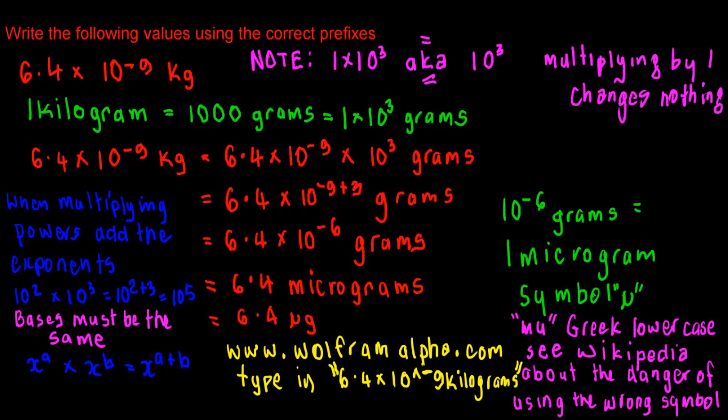You can check this out on Wikipedia by typing in micrograms. Some people have got 10 times more of a particular drug than they should have because the symbol was written incorrectly.